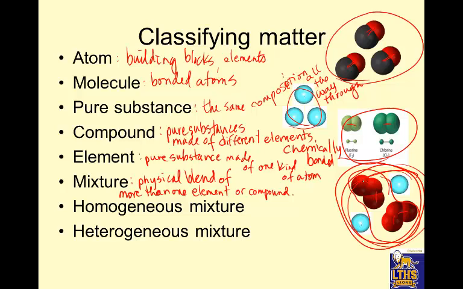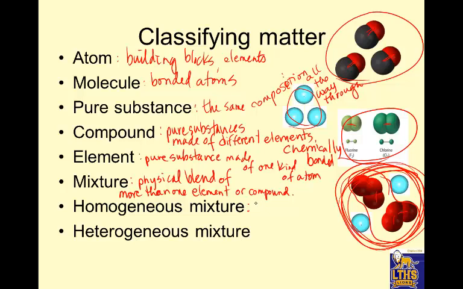These molecules have their own identity. They're going to have their own properties. These atoms are going to have their own identity. But if they're all in the same place together, then this is a mixture because some parts have a different identity than other parts. Usually for a mixture, there's a list of ingredients, and each ingredient keeps its own identity.